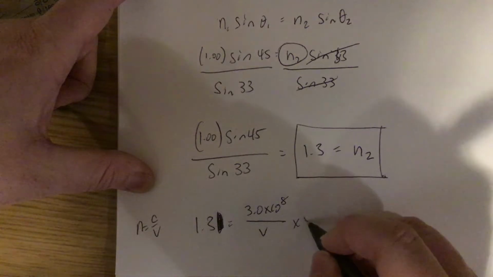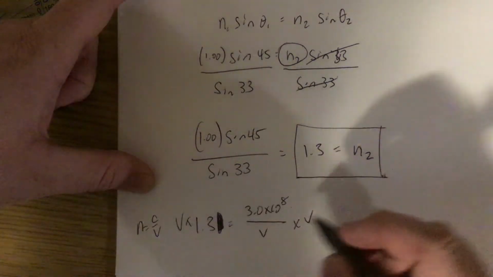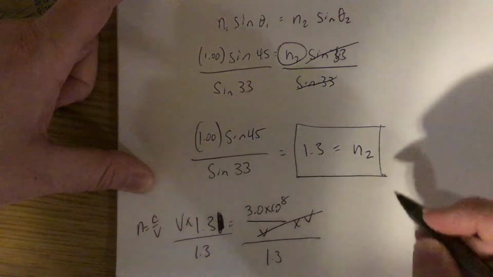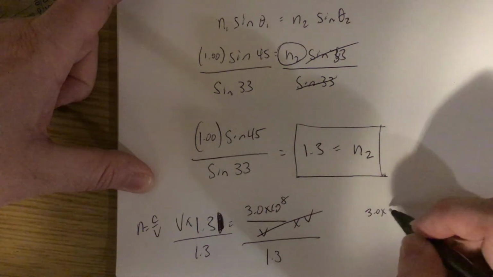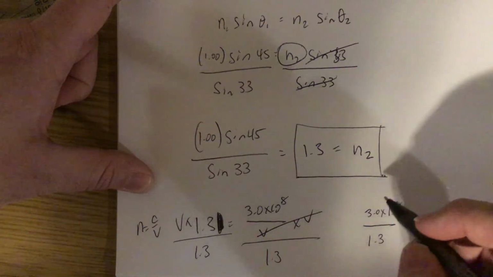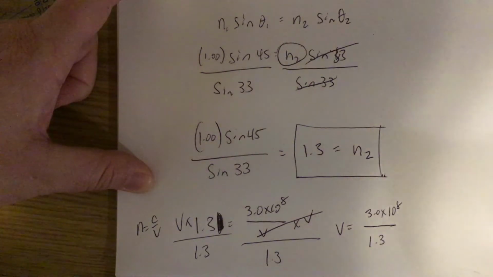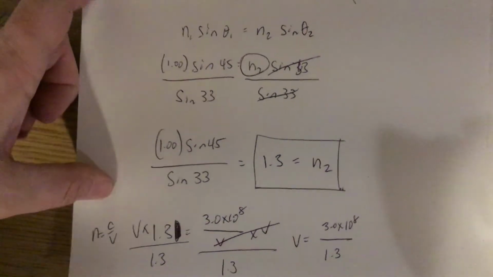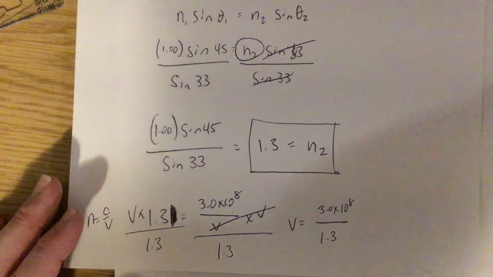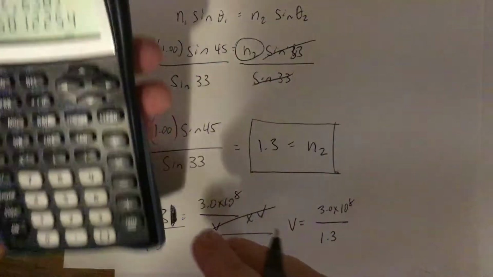So I'll multiply both sides by v, and then I'll divide by 1.3. So I'll have 3.0 times 10 to the 8th divided by 1.3 will be equal to the speed of the light in the block.